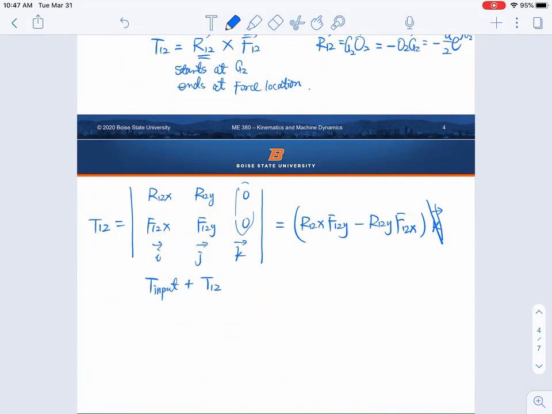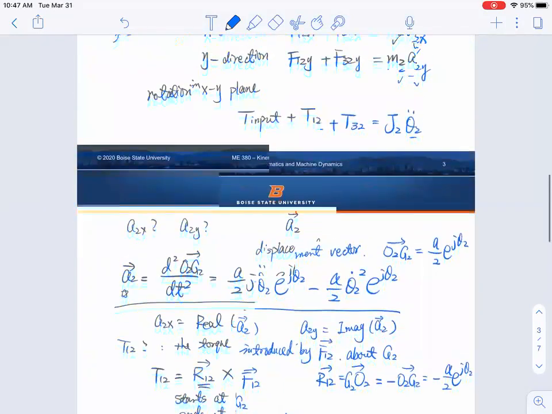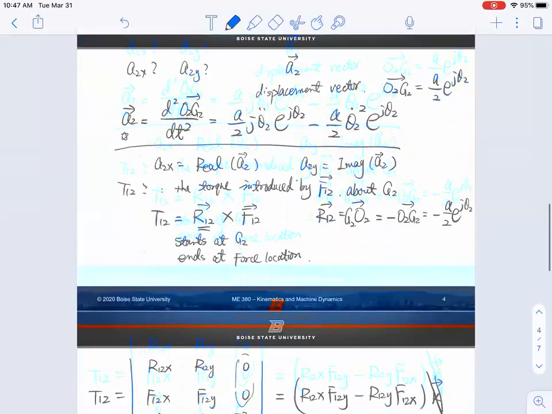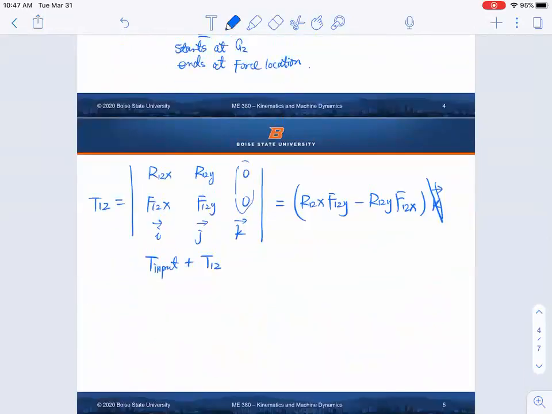The reason we can eliminate this K is that we already assume this third equation is along the Z direction. Based on this assumption, you can erase all the direction vectors in the torque equation. So that's your T12.